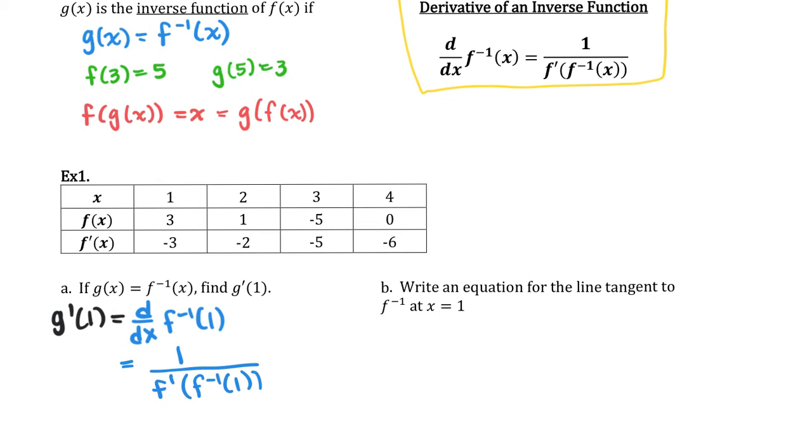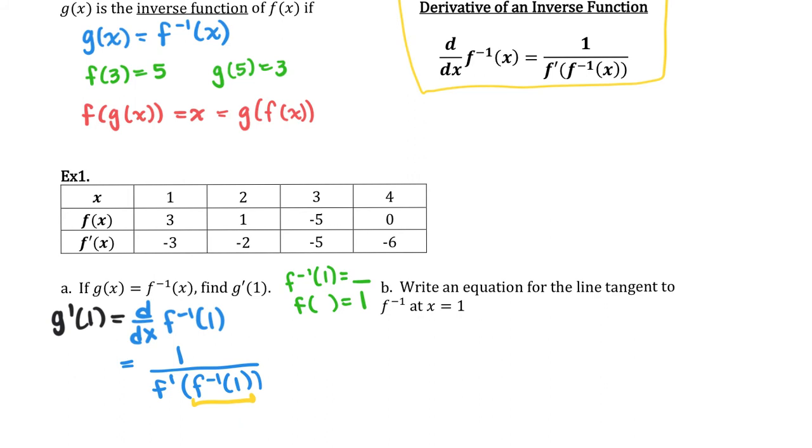Let's look at the inner function first because that's going to be our first thing to tackle. If I want f inverse of 1, since it's the inverse, I'm trying to figure out where f of something is equal to 1.